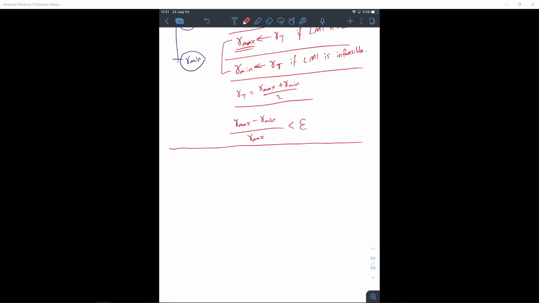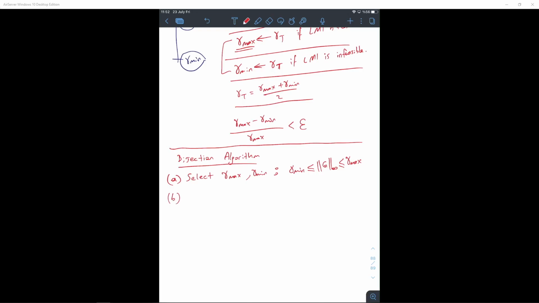Step A: select gamma max, an upper bound, and gamma min, a lower bound, such that gamma min and gamma max are like this.